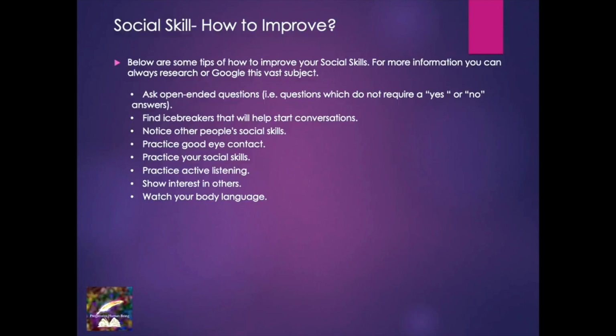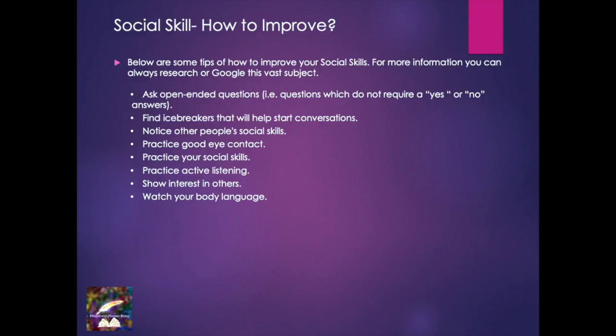How do you start conversations with strangers? It's an important skill. You need to develop such skills. Research the internet. Notice other people's social skills. Practice good eye contact. Practice your social skills. Practice active listening. Active listening is a very multi-layered and multi-dimensional approach. You're not just listening to the body language.